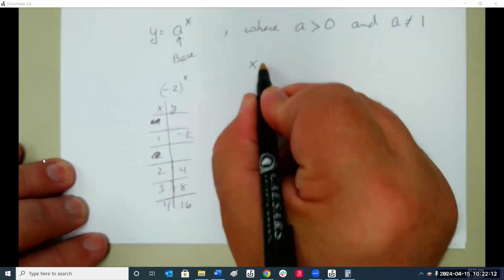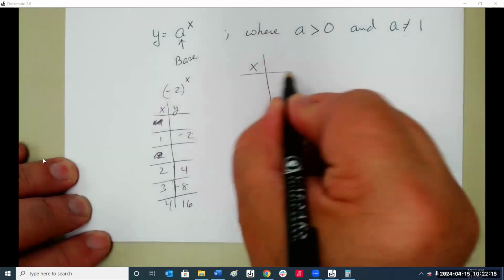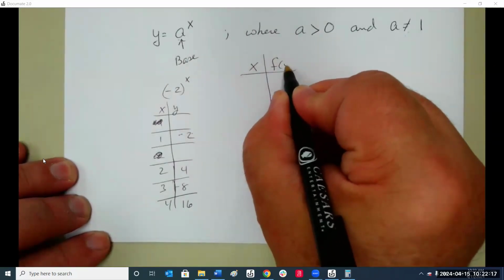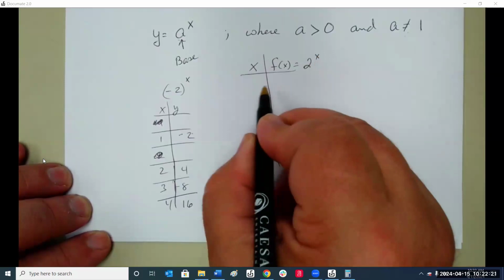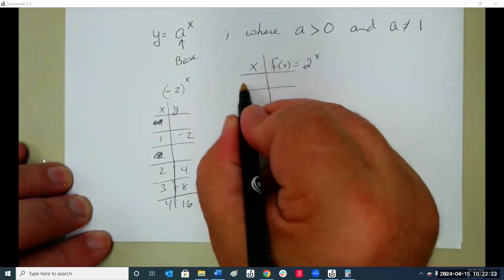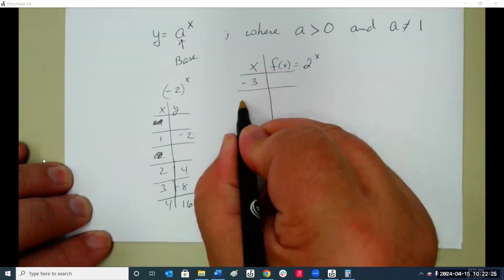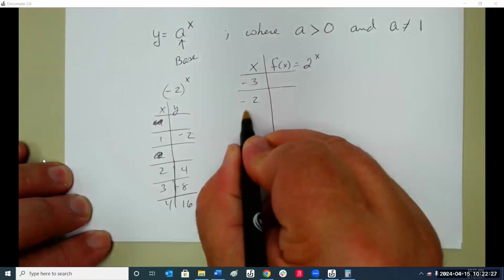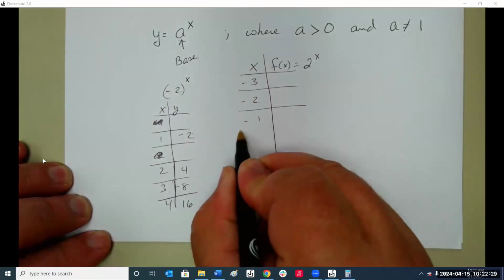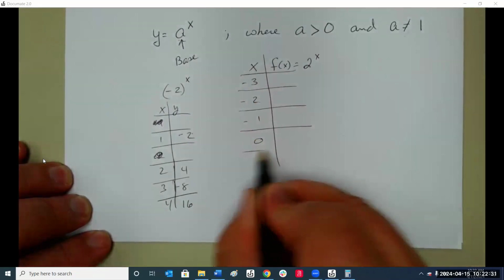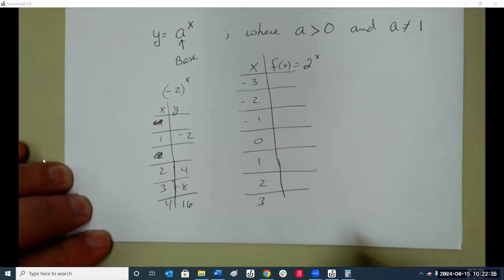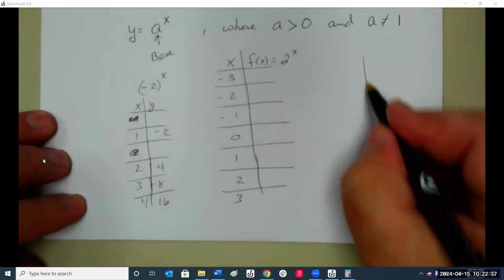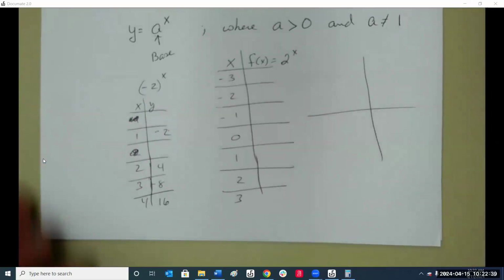So let's say the base is 2 to the power x. Let's fill in those blanks and let's graph it.